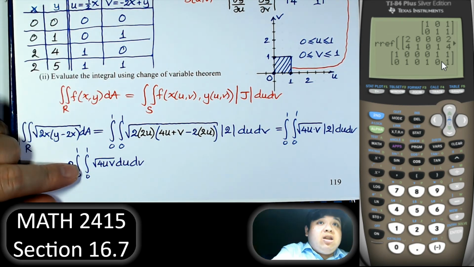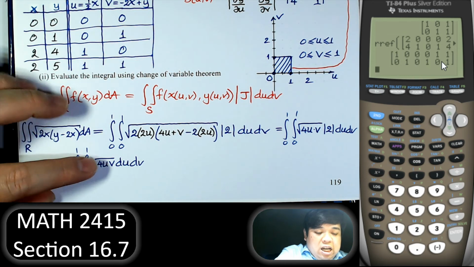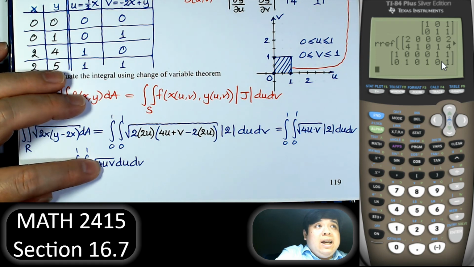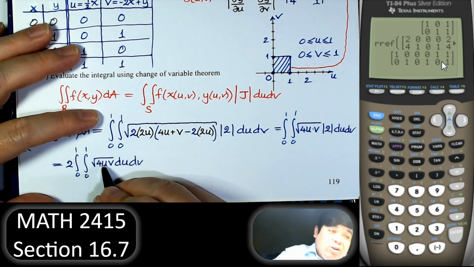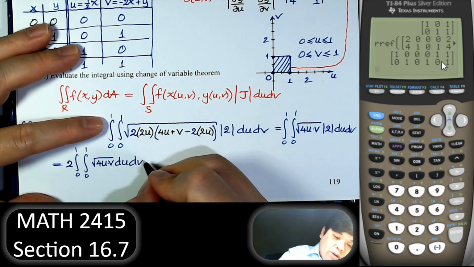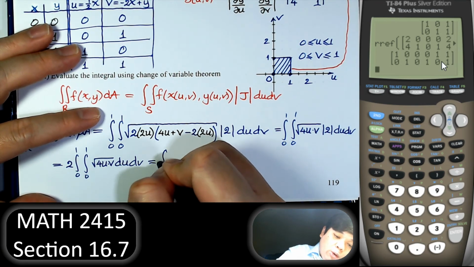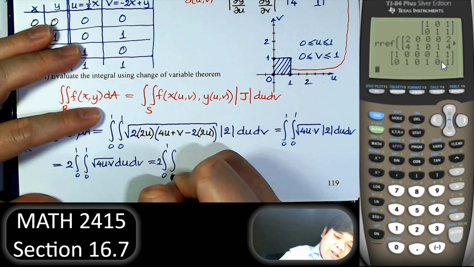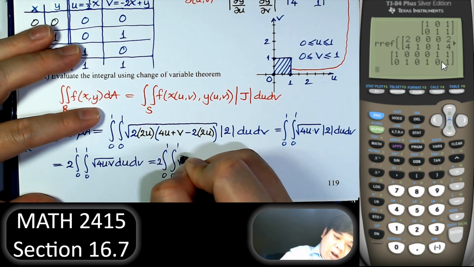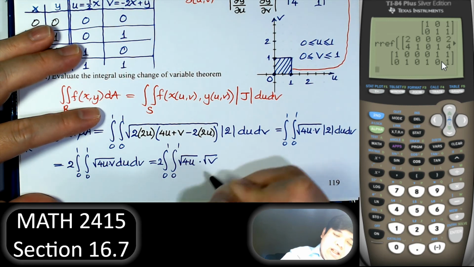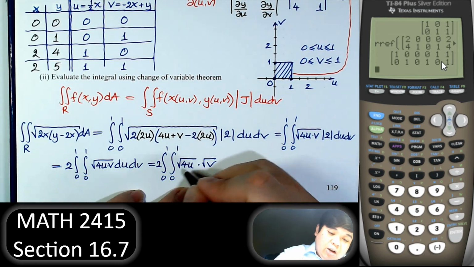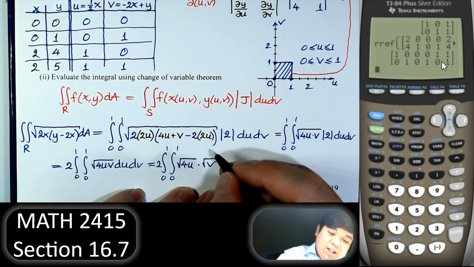Now I'll ask you this. The limits are constant. That's easy, right? When the limits are constant, if the function is separable, then it's a lot easier to do. We just separate u and v. In this case, indeed it is separable. So I will write one more step. We can write the square root of 4u times the square root of v, because u and v are positive, so we can write this easily.